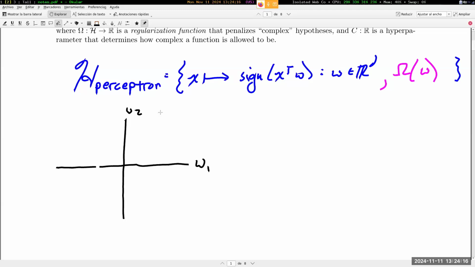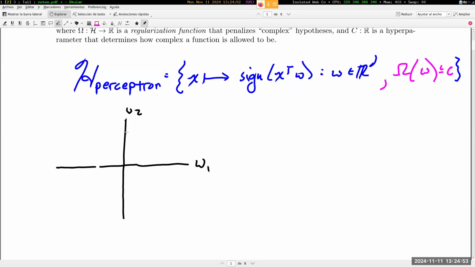In the past, our weight space has not been constrained to any particular location in the hypercube in R to the D, visualized here in two dimensions, so a plane. But this constraint, omega of W less than or equal to C, adds some constraint on where we're allowed to be inside of this space.